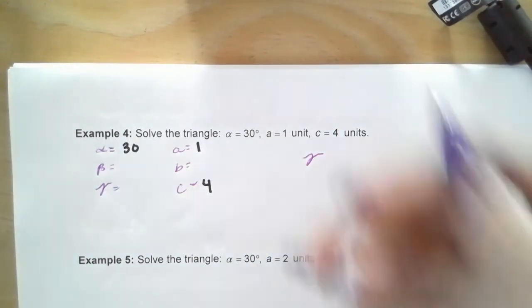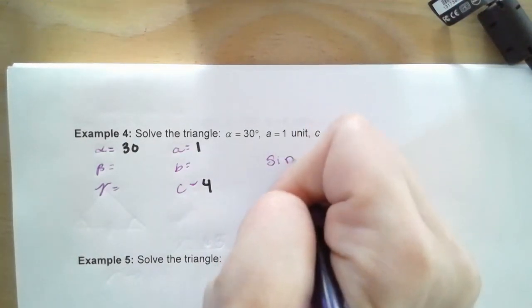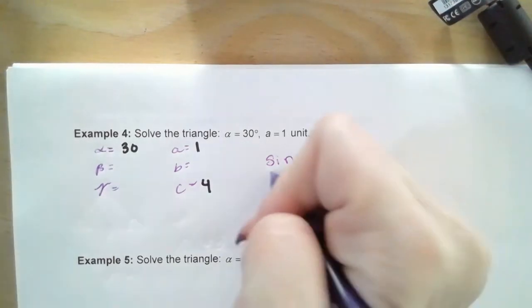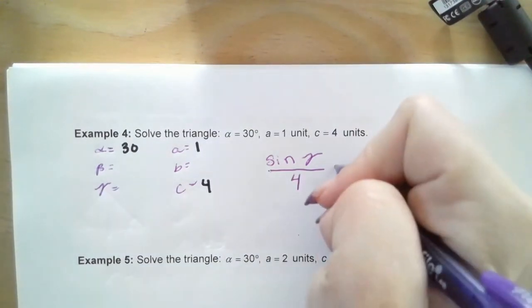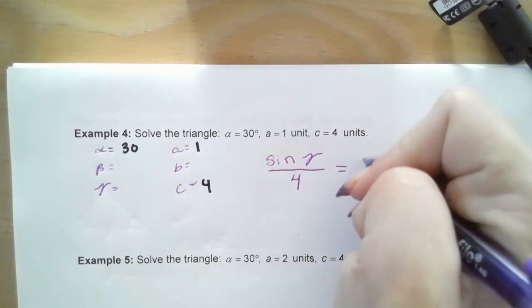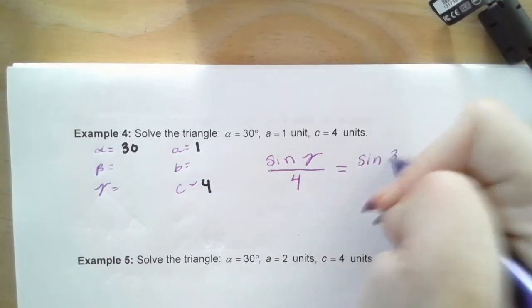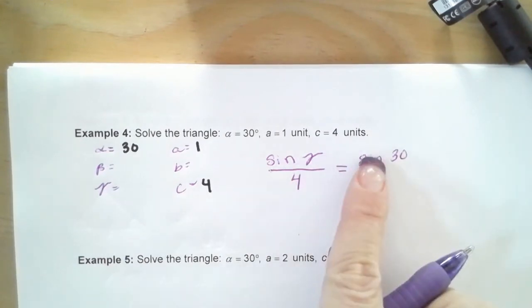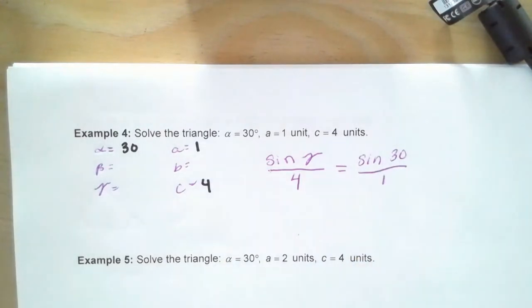But let's keep in mind that anytime you solve for an angle, you must add on that trig function. It's the only way to solve for an angle is having the sine of that angle. And then that's going to be over the side 4 equals, we're going to go sine of alpha, which is 30. Since I put an angle in the numerator here, I must put an angle in the numerator there, over 1.